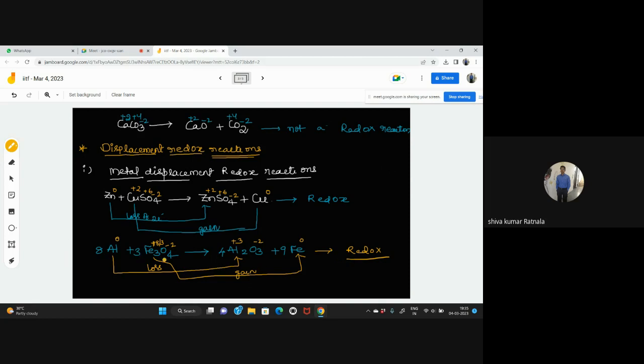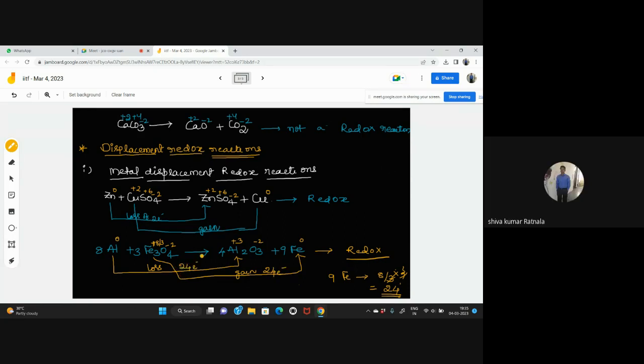So here, how do we calculate the total number of electrons gained? One iron atom is 8/3. Total how many irons? 9 irons, no? So for 9 irons it will be 8/3 into 9, that is 24 electrons gained. And obviously the loss will also be 24 electrons.